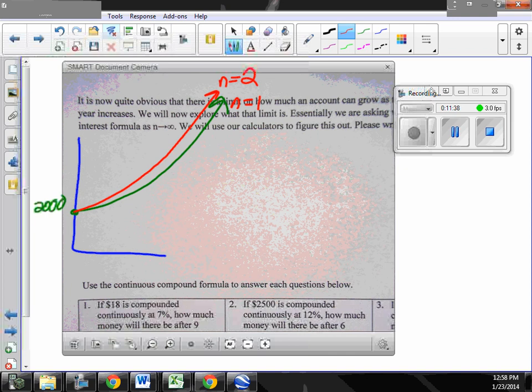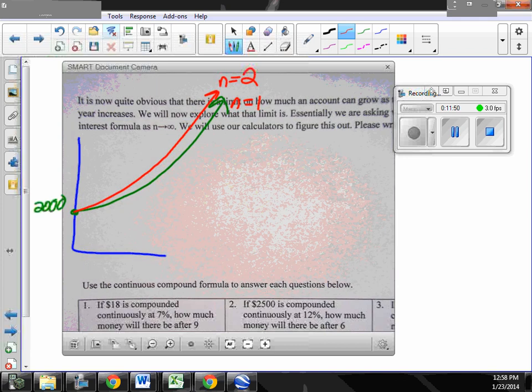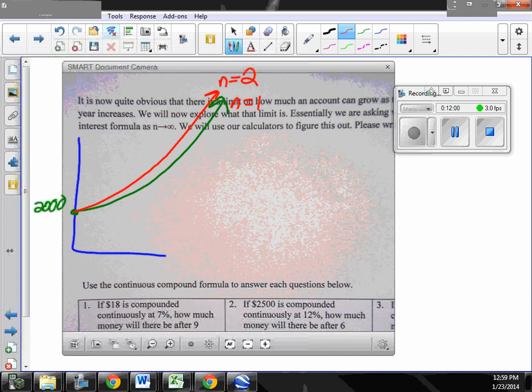But if I increase to n equals 3, how will that compare to 2 as 2 compared to 1? Right, so the difference between 1 and 2 is going to be a little bit bigger than the difference between 2 and 3. Because as n gets larger, you're still increasing, but you're increasing at a decreasing rate.